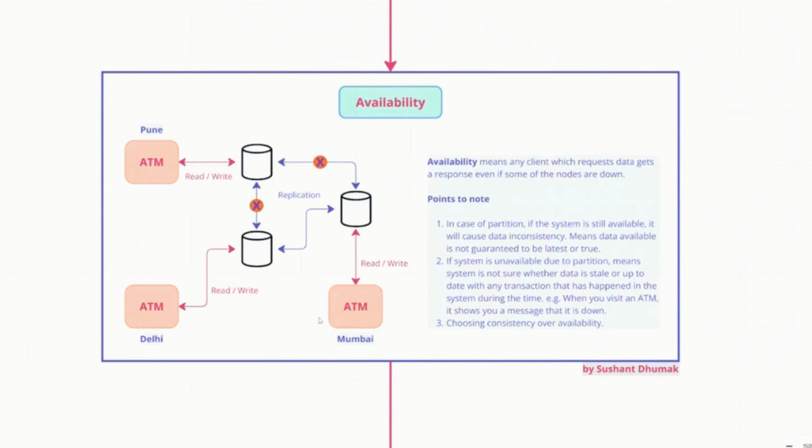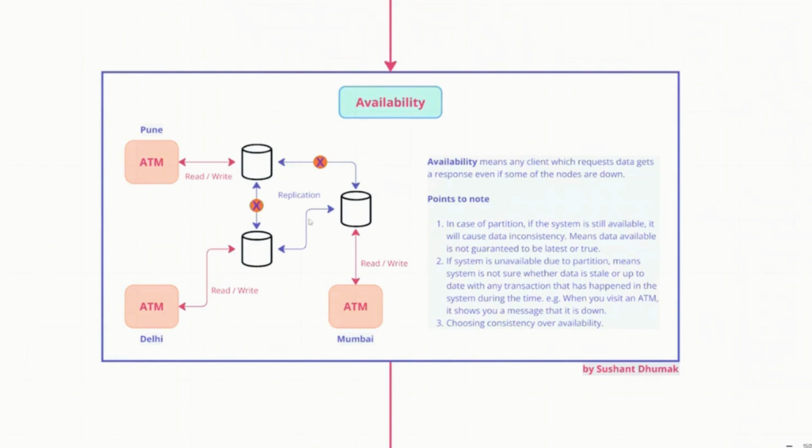So here, my friends in Delhi and Mumbai are getting a response because they are connected to the database, the ATM is available, and they receive the information. But that information is not updated with the latest data or latest transaction. So in case of a partition, the system is still available, but the data is inconsistent. That means the available node is not getting the latest information from the other nodes due to network failure.